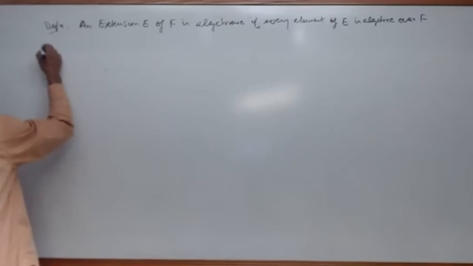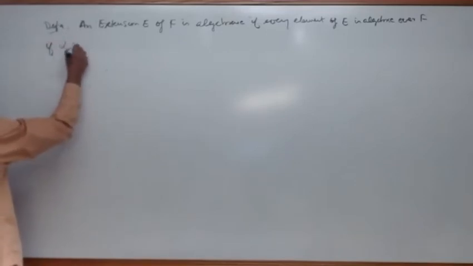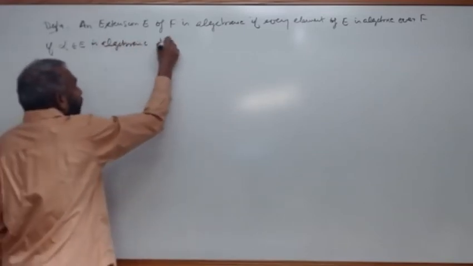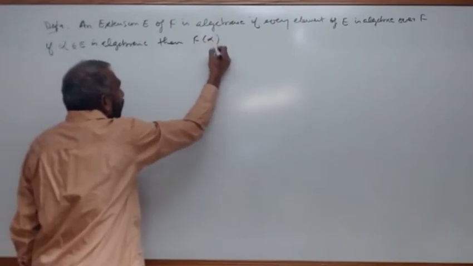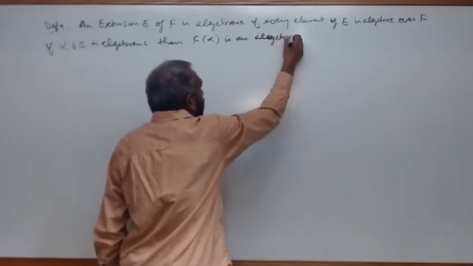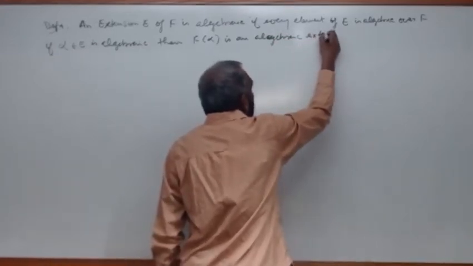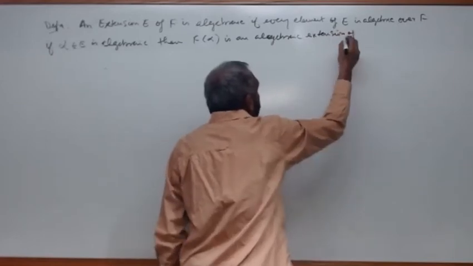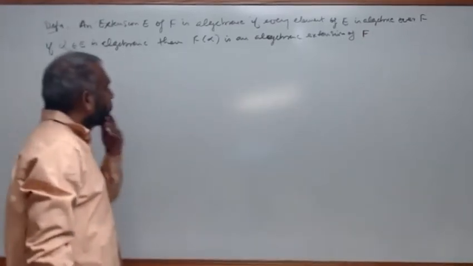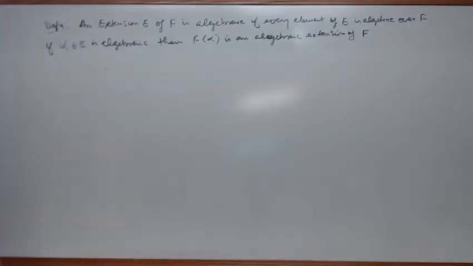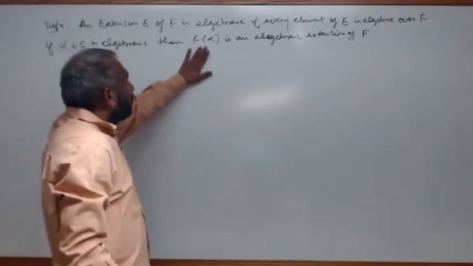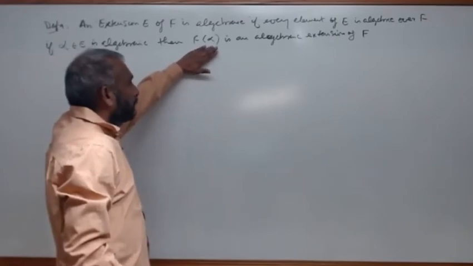And we have an immediate example. If alpha belongs to E is algebraic, then F(alpha) is an algebraic extension of F. Now we want to extend this definition, the definition of simple extension.